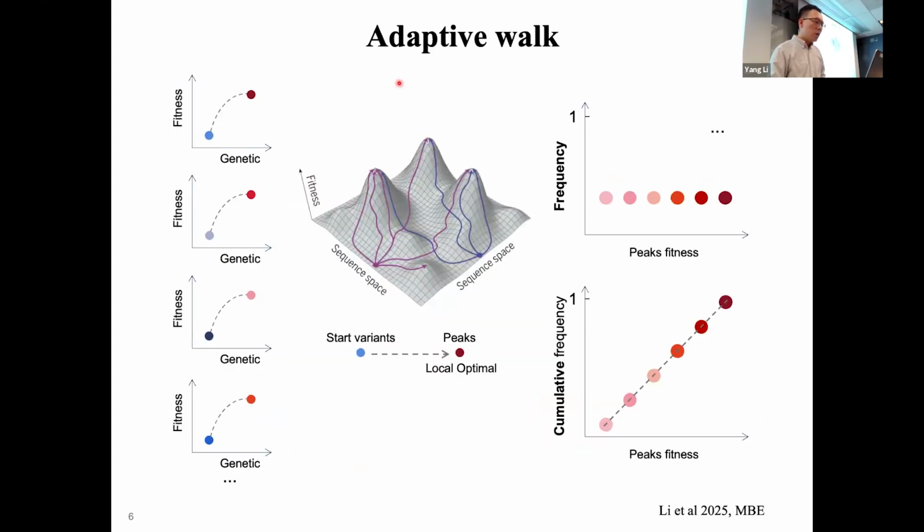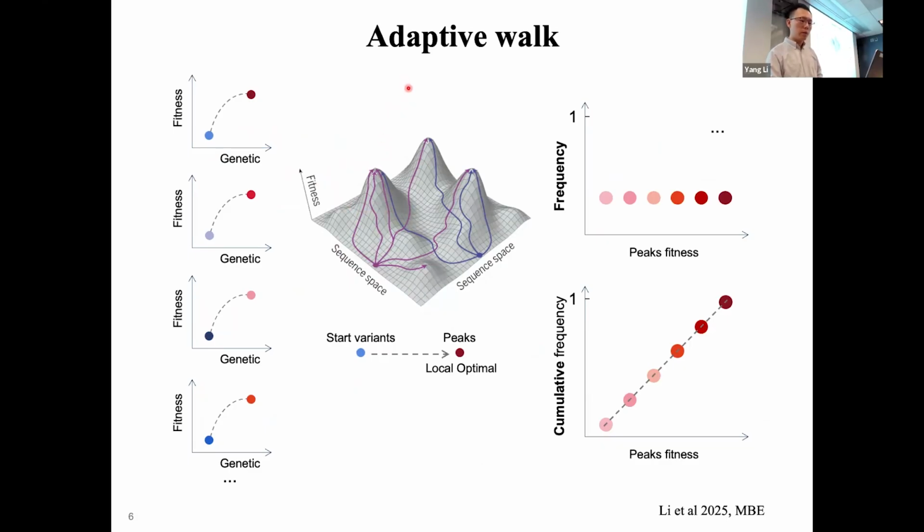So what is the adaptive walk? For a given landscape, we could start with random variants, like the blue dots, randomly choosing a variant or genotype, and every time we select for higher fitness.